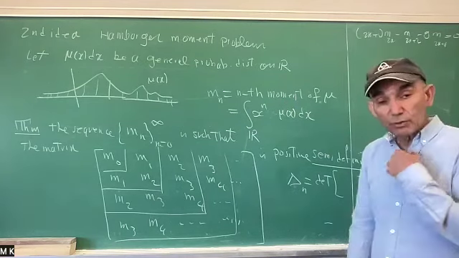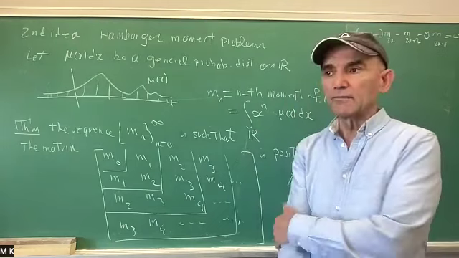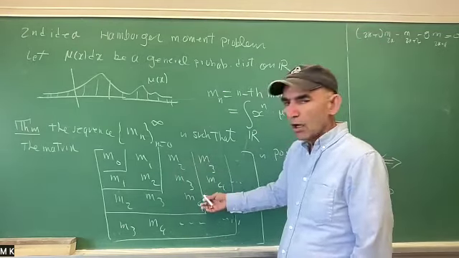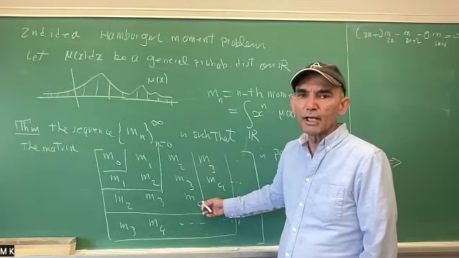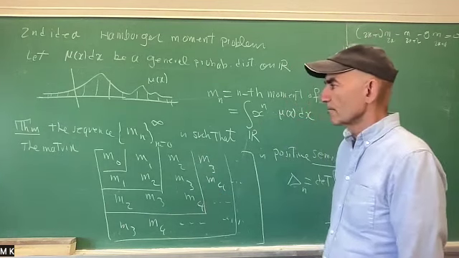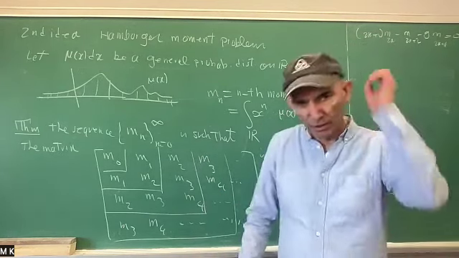Determinant equal to 0 is okay, but it cannot be negative. It means that the eigenvalues of the symmetric matrices are all non-negative. This is the theorem in one direction.